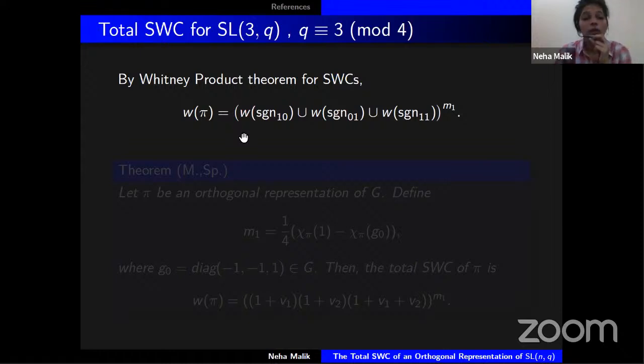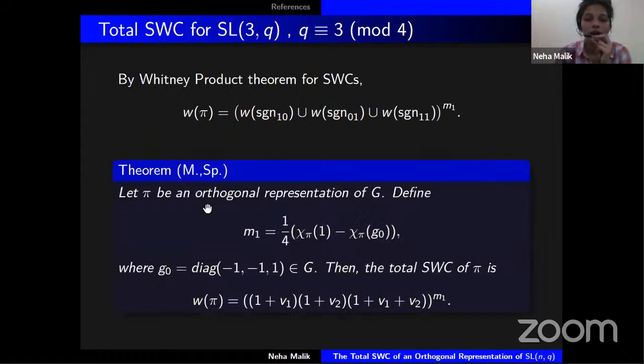Here is our final theorem that we have got. It says that if pi is an orthogonal representation of G, then we get our total Stiefel-Whitney classes using this. W of sine 10 is just 1 plus V1, because W1 of sine 10 was V1 and W0 of sine 10 is 1. So the total Stiefel-Whitney class will be 1 plus V1.